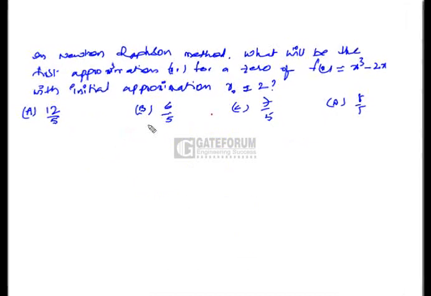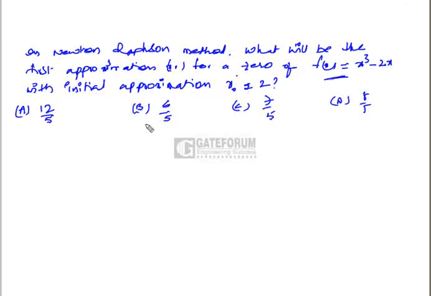Here f of x is given and the initial approximation x naught is given. We have to find the first approximation x1 by using the Newton-Raphson method.